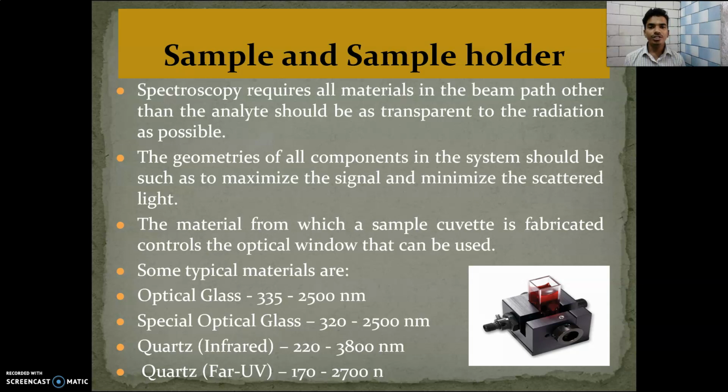The material from which the sample cuvette is fabricated controls the window that can be used. Typically the material is optical glass, special optical glass, quartz, or infrared material. Depending upon what type of analysis you want to do, we use a specific type of material as a sample holder for the respective wavelength range.